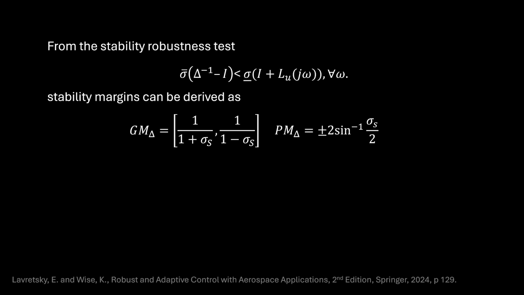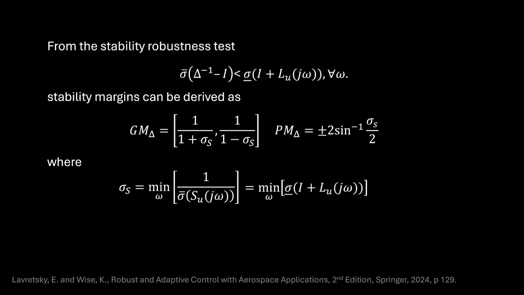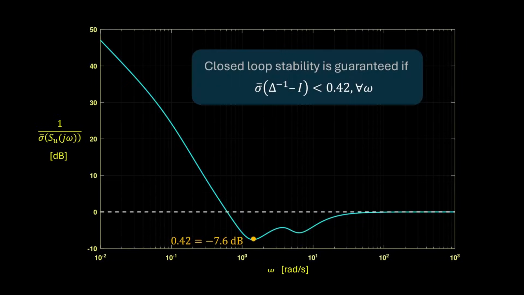They're computed with the minimum singular value of the return difference, or the inverse of the maximum singular value of the sensitivity. We previously determined this upper bound for the stability robustness test.